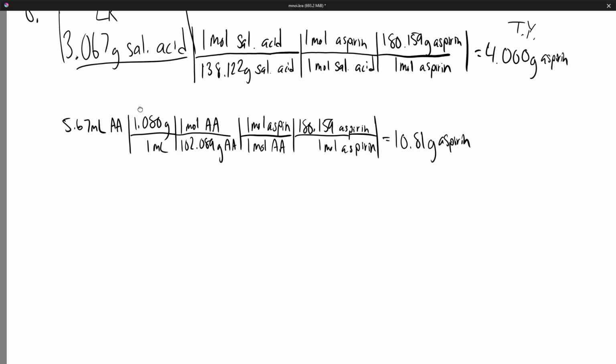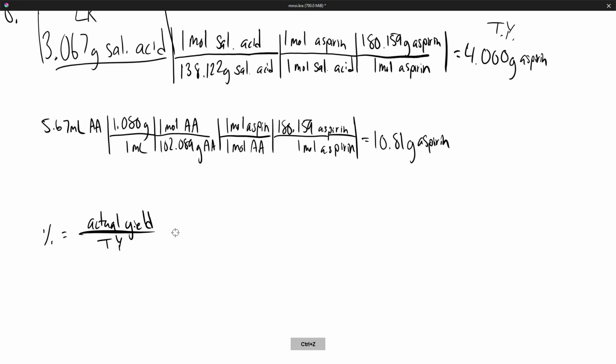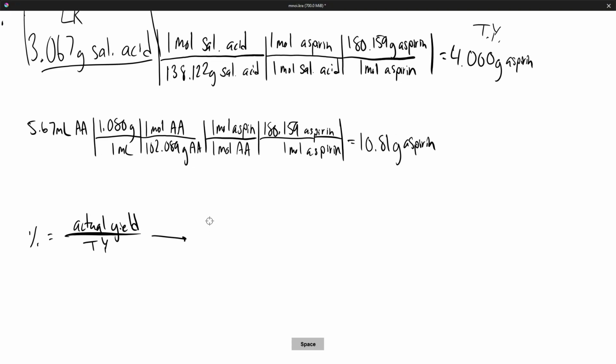Okay, so for the percent yield, it's the actual yield divided by the theoretical yield. So our actual yield is 3.281 grams of aspirin. You don't gotta put aspirin since it's gonna cancel out anyways.